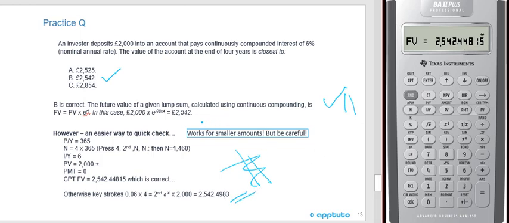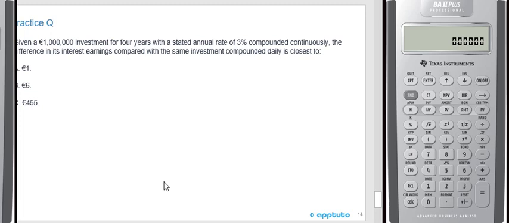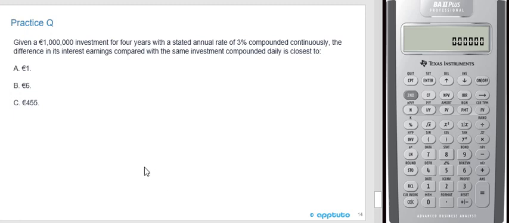So again, I said it works for smaller amounts, but be careful, because we're going to see here in the next and final practice question that you need to understand how to compute the continuously compounding, because, well, you'll see why. Here's a question.